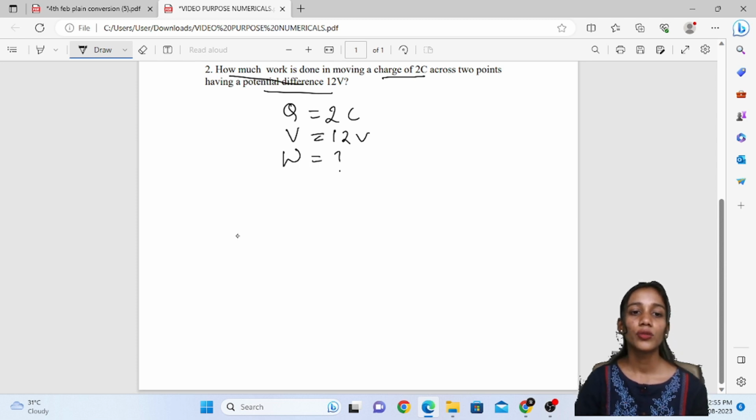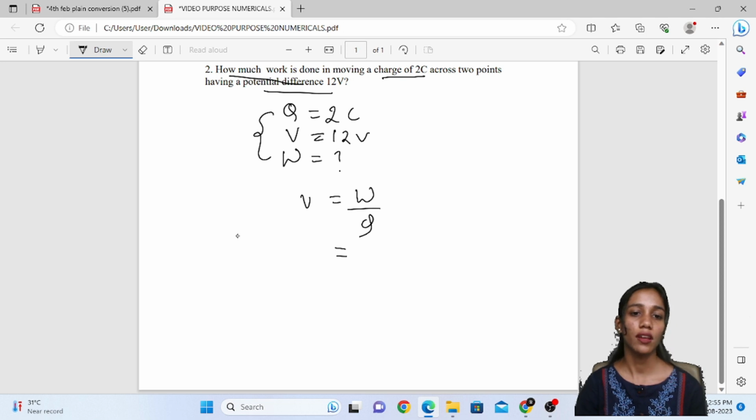Looking at these three quantities, which formula do we apply over here? The formula which we have just studied, V equals W upon Q. Now V is given as 12 volts, W is not given so we write it as it is, and Q is given as 2 coulombs. So how do I find this? I have to cross multiply 12 and 2.